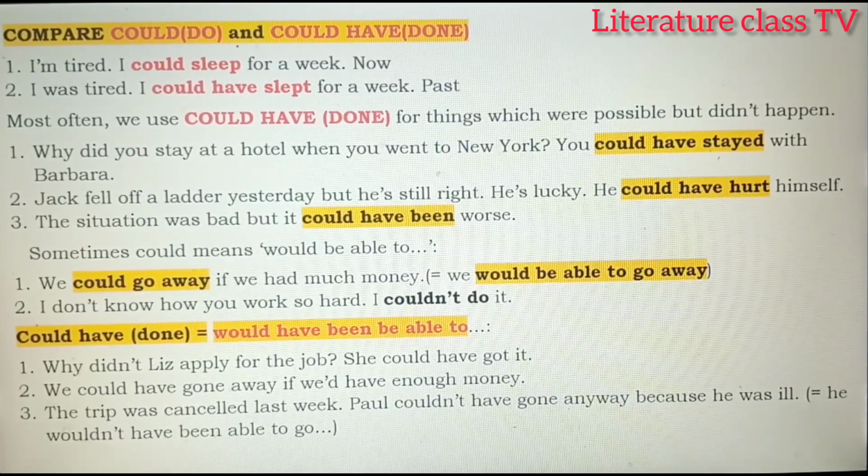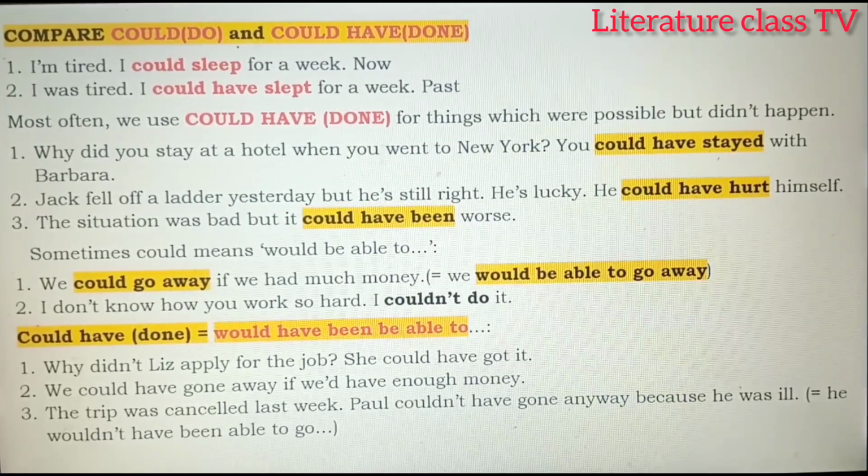Another example: we could have gone away if we had enough money. This means that we would have been able to go away if we had enough money. I think that you are together. Could have done is equal to saying would have been able to.